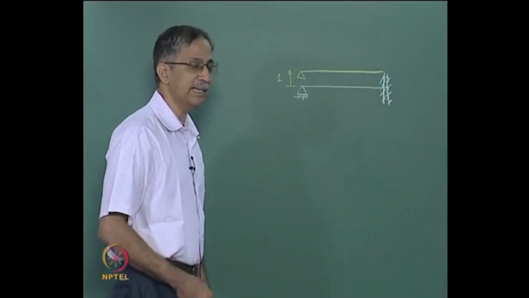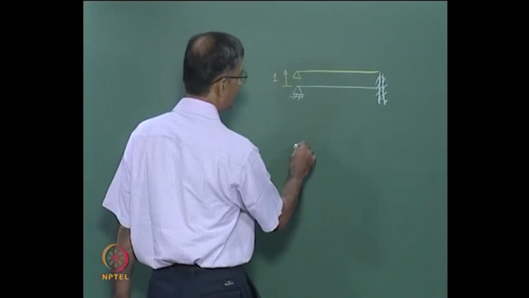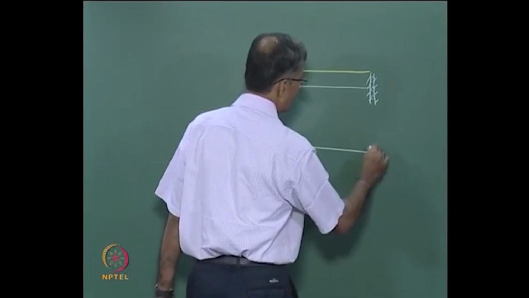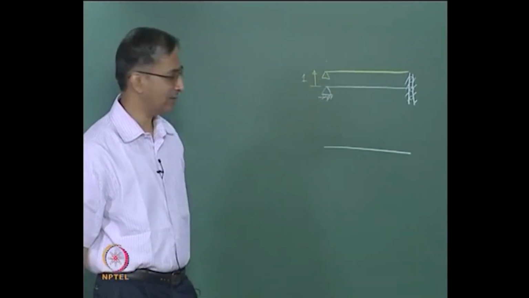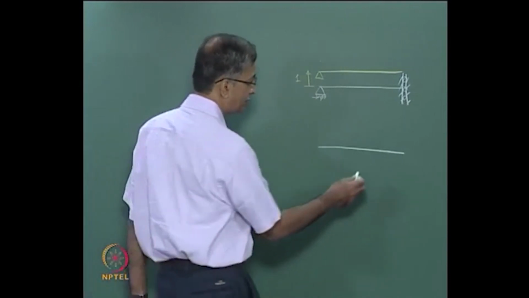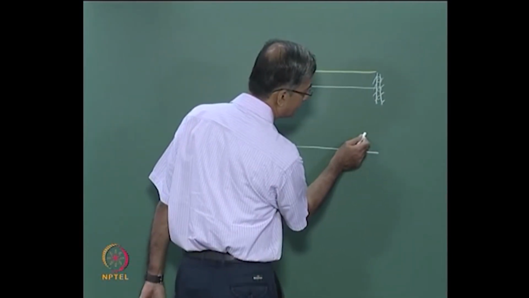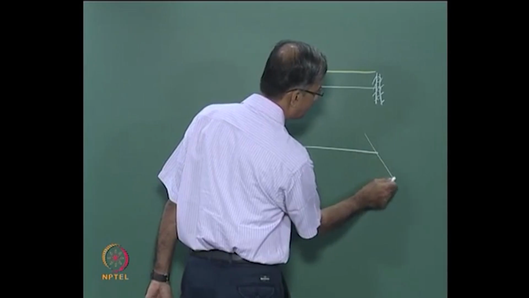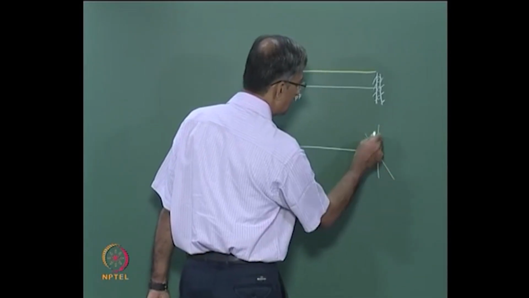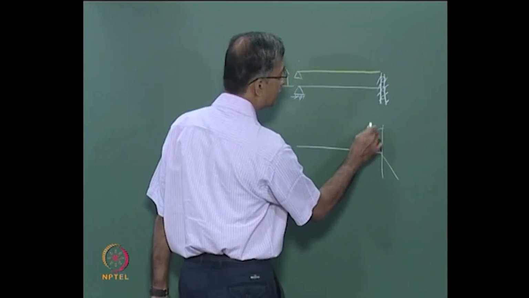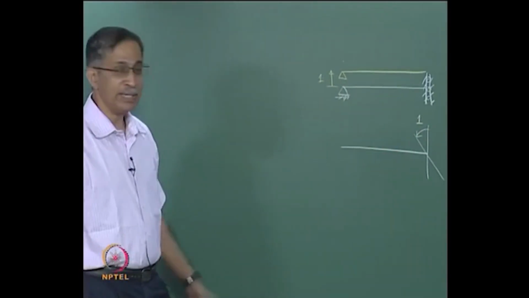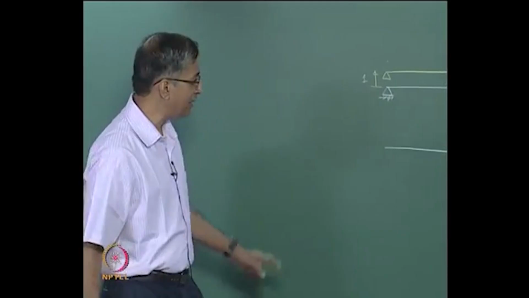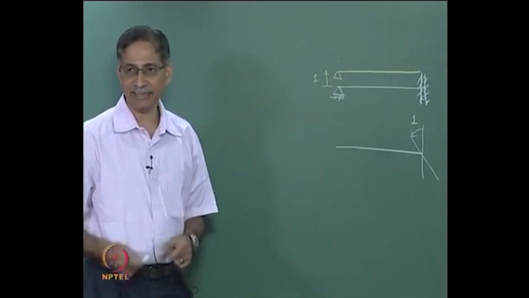In the second case, we are dealing with a rotation, an anti-clockwise rotation at the right end, which means this rotation is now unity, and we need to draw the deflected shape and figure out what is the rotation at the left end.